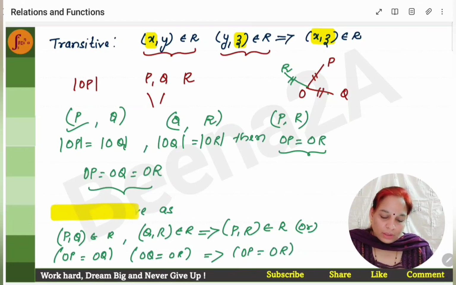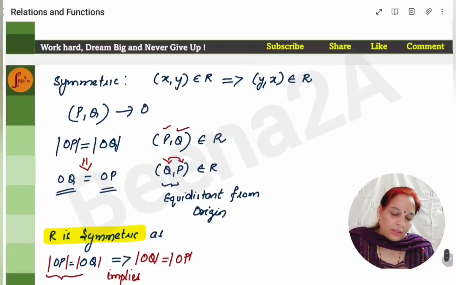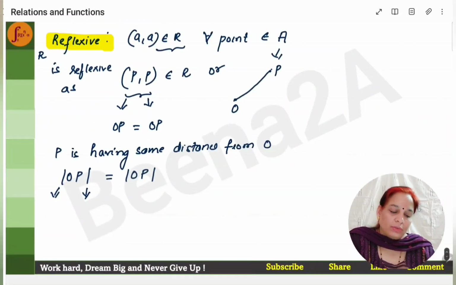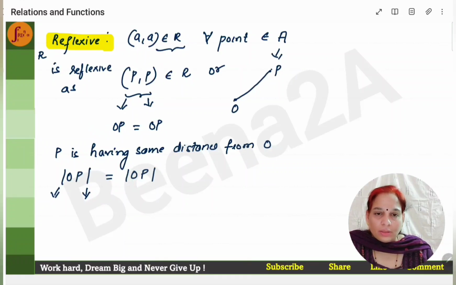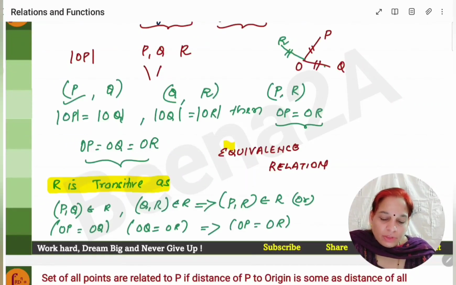Now, the relation is transitive, the relation is symmetric, the relation is reflexive. Since the relation is reflexive, transitive and symmetric, we can say it is an equivalence relation.